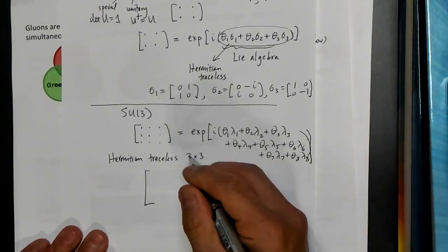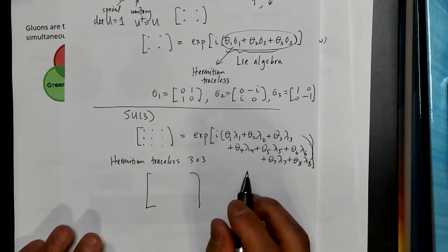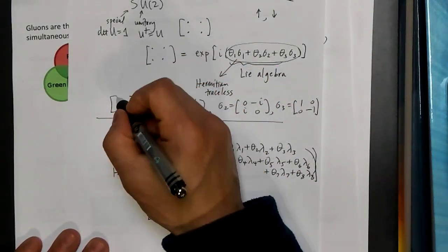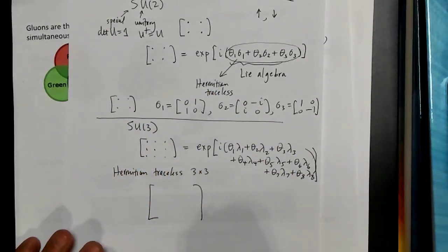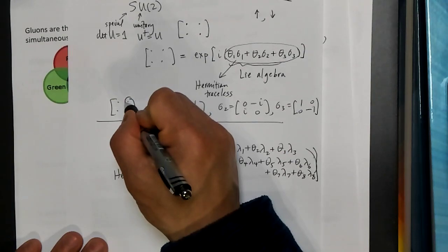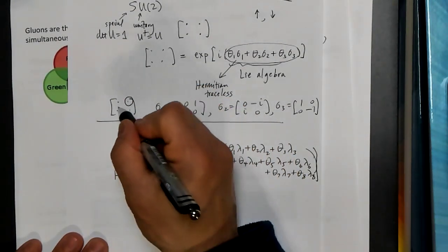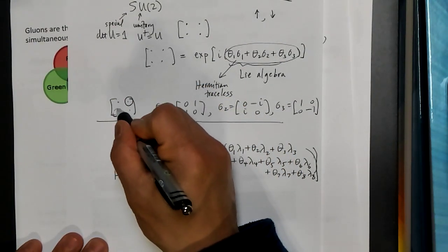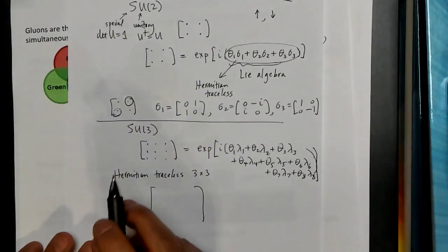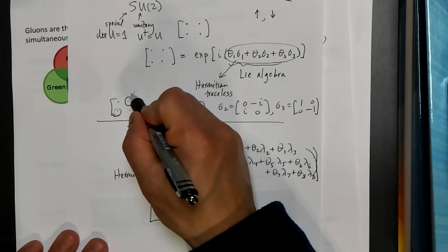So let's try to count how many such matrices there are. For the case of 2x2 matrices, how does this work? Well, if I have a 2x2 matrix and it's Hermitian and traceless, then the complex conjugate of what I have here must equal what I have there. So this is not another degree of freedom. So I have the real part and the imaginary part of this element here.